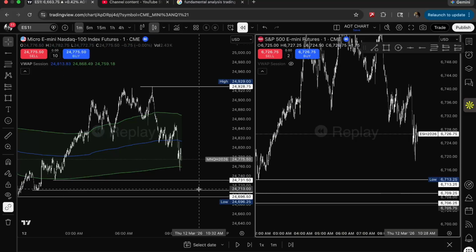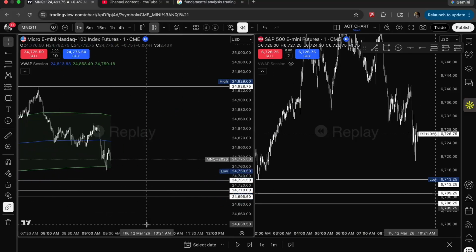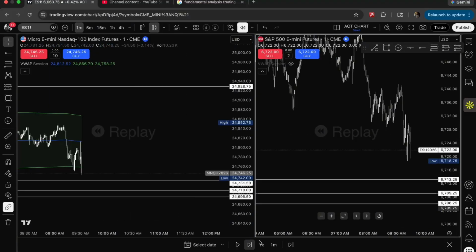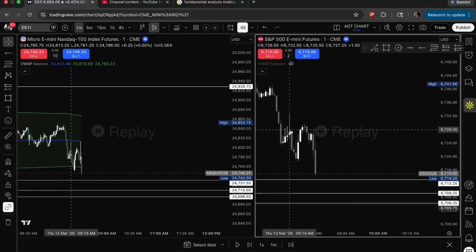Got bullish SMT right here as well. See what happens. All right, cool. Bearish SMT put in.